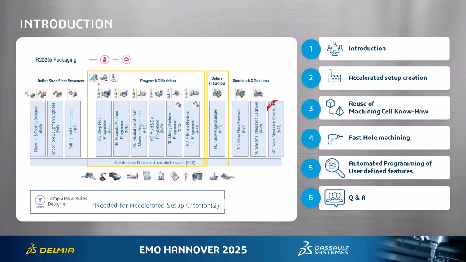For the creation, you need one of the programming roles, beginning from the shop floor programmer to the NC mill-turn machine programmer, and you use the NC knowledge manager. But for the NC knowledge manager, you need one to create the machining cell know-how. For applying the machining cell know-how, you only need one of the NC programming roles.